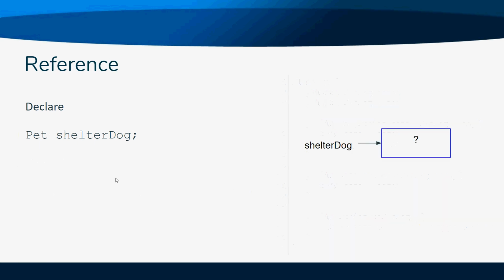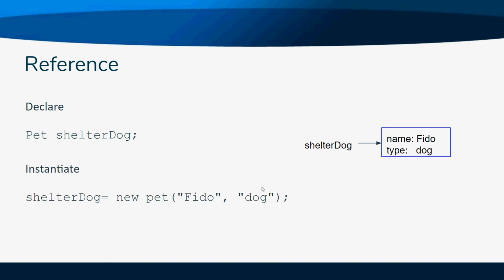Okay, so what is actually going on is when you declare the variable, you are allocating space in memory for the information to go. You're not actually putting the information in. That's why we have a little question mark here. When you instantiate the object, that means you're bringing it into existence. You're filling out the information.